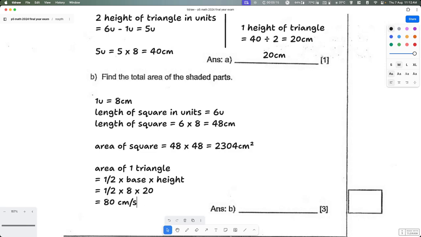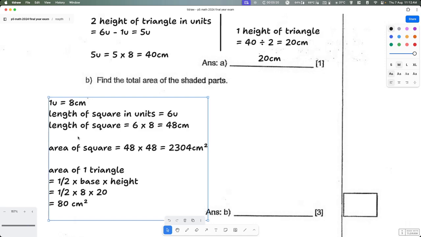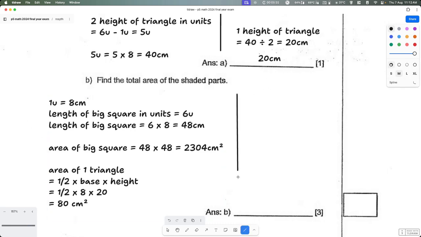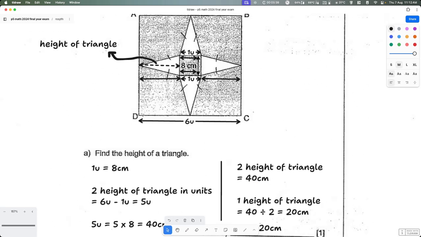Now we know the area of the big square. The next thing is we want to know the area of the small square, actually, we don't need that.